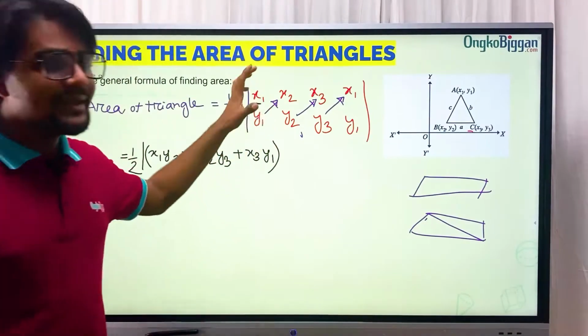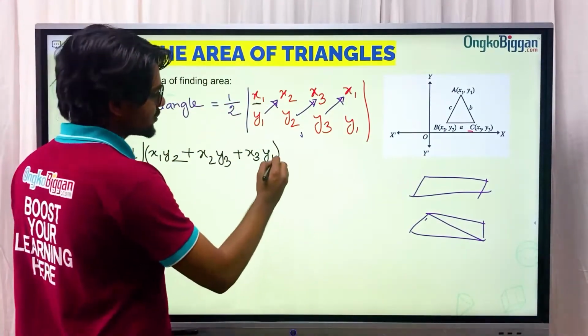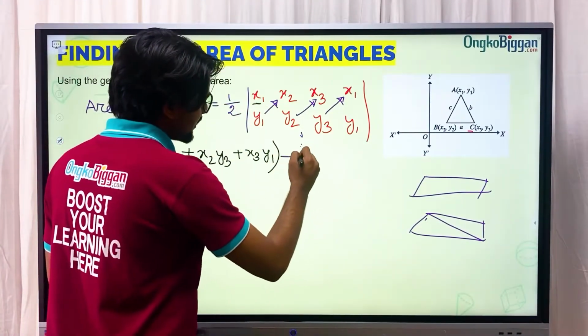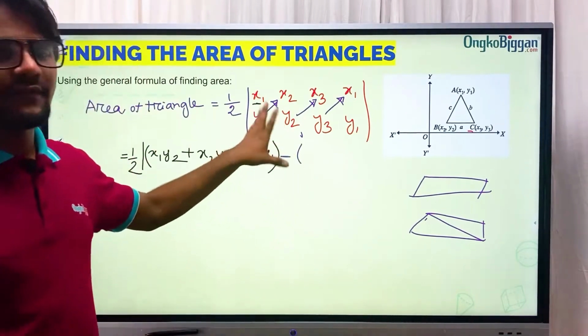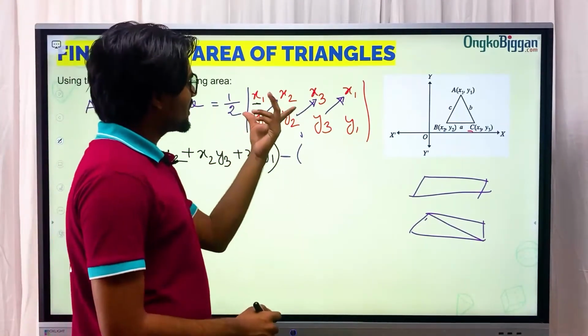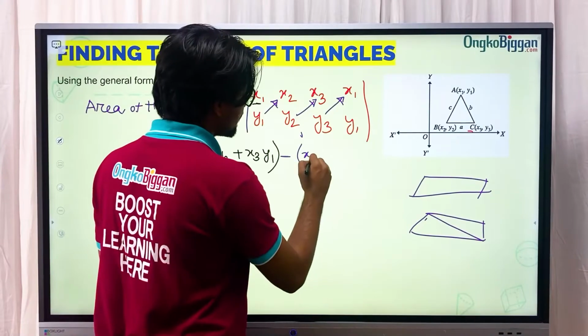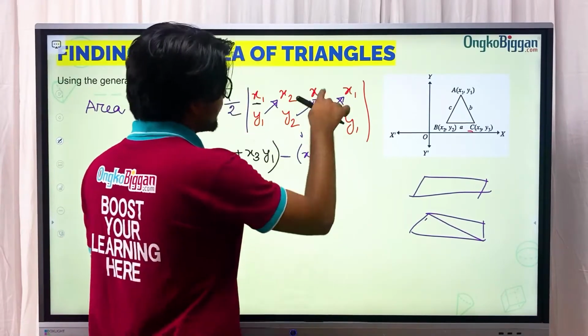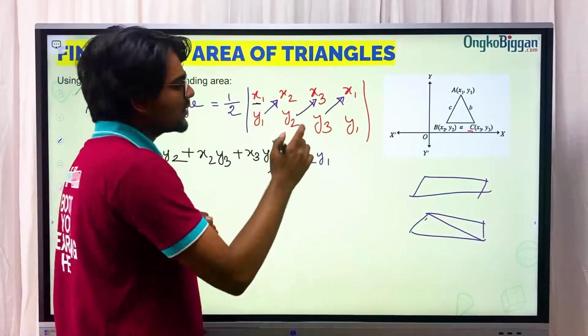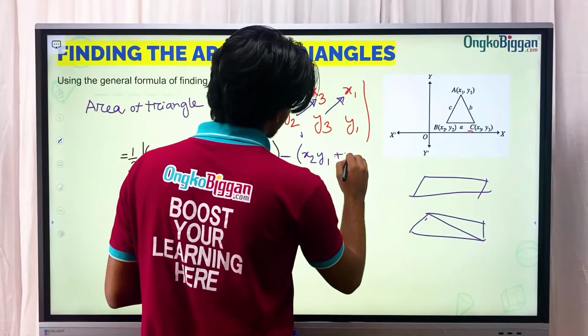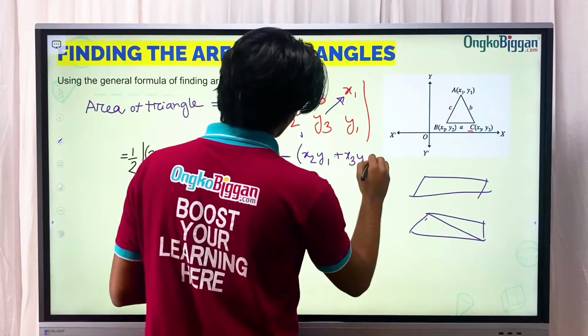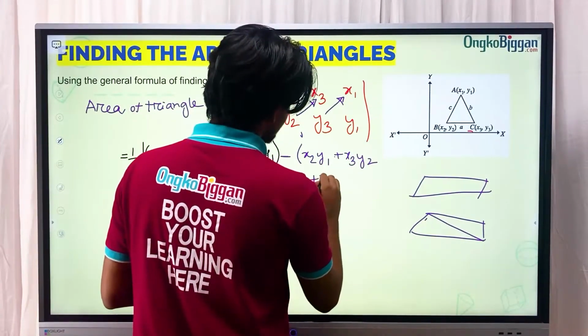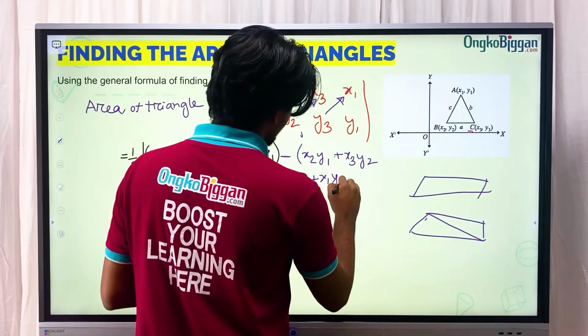When you write this, the first thing you need to do is give a minus. Then you start writing the formula. It will be y1 into x2, that is x2 y1, and then y2 into x3, that is plus x3 y2, plus x1 y3.